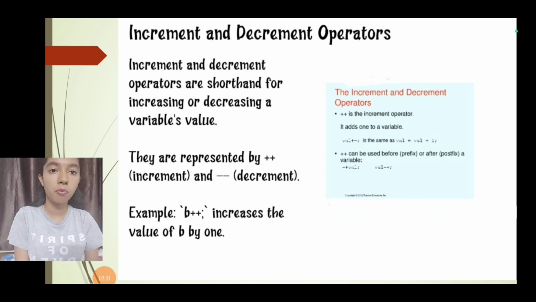Increment and decrement operators are shorthand for increasing or decreasing a variable's value. They are represented by two addition symbols, increment, and two subtraction symbols, decrement. Example, B plus plus increases the value of B by 1.